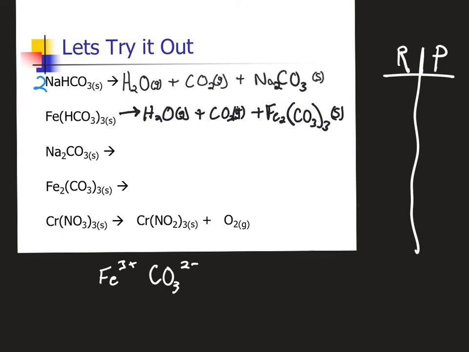Now we start filling it out. We have our iron. We have our hydrogen. We have our carbon and our oxygen. When I look at this one, you can see I got my iron 2.